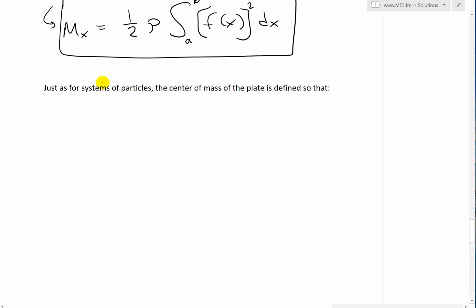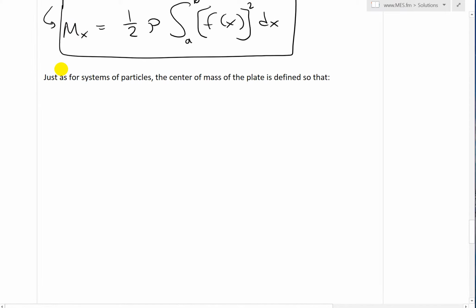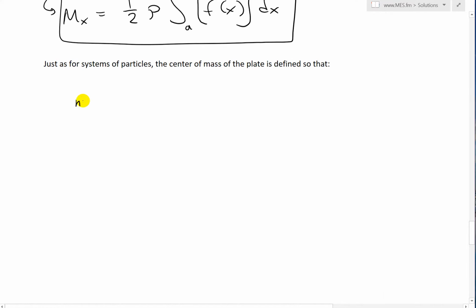And again, just like for the system of particles in my last videos, the center of mass of the plate is defined so that if we take the mass and put it at one point, multiplied by the centroid in the x direction, it has to equal the total moment, My, about the y-axis.